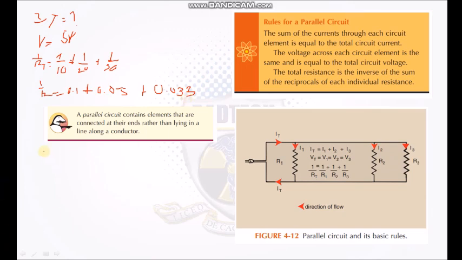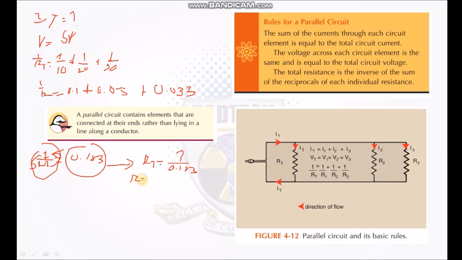Okay, so 1 over RT is equal to 0.183. So this is not our final answer, because that is still the reciprocal of our original total resistance. So you simply have to transfer this, and then also take the reciprocal of this. So that would result to RT is equal to 1 over 0.183.